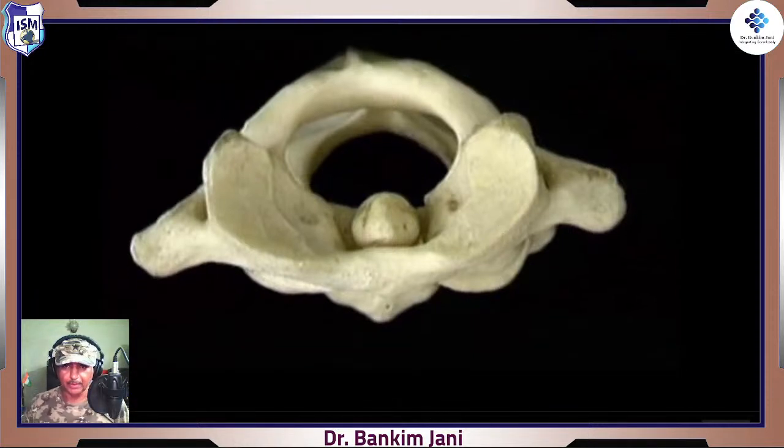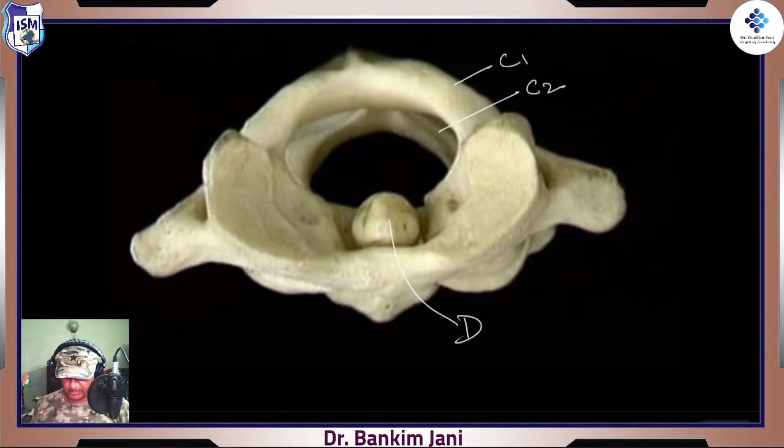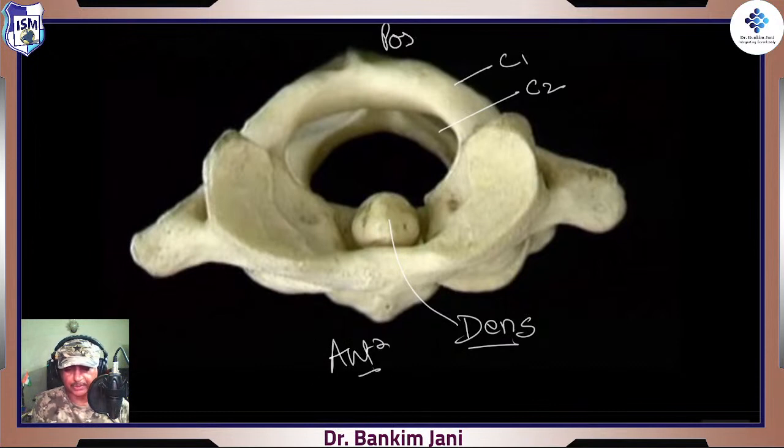Okay. Now there are so many things to discuss in this. See, this is C1 and that's C2. This is our all-time famous dens or the odontoid process. Now this is in the center, right? This is anterior, that is posterior.